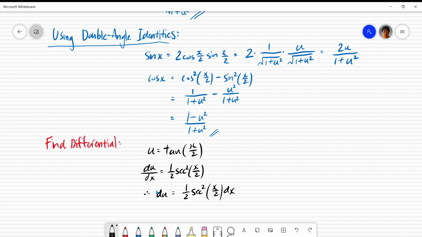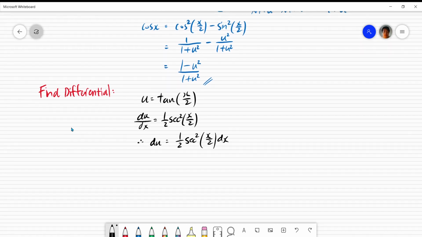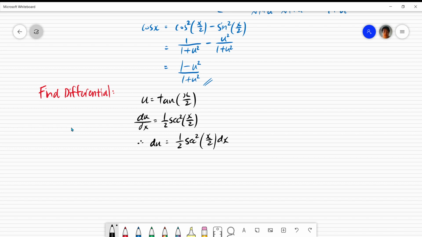Well, we don't really want anything to do with x's, so we're going to rewrite everything in terms of u. So we need dx by itself.